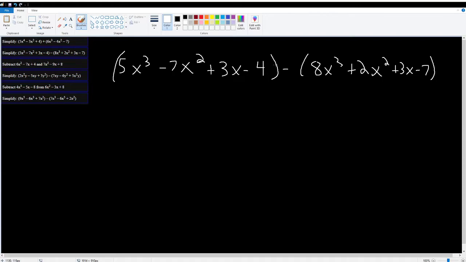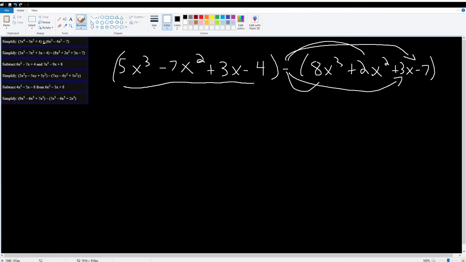Remember before we had addition in the middle of everything. Now we have subtraction, so this is going to be different, because now we have to distribute this negative into every term within the parentheses.